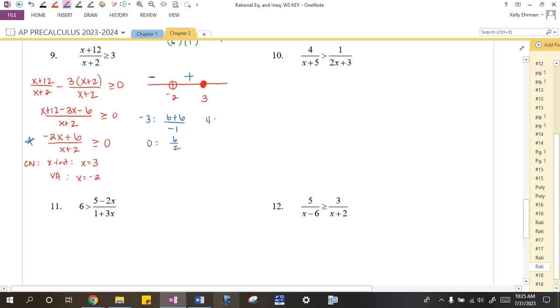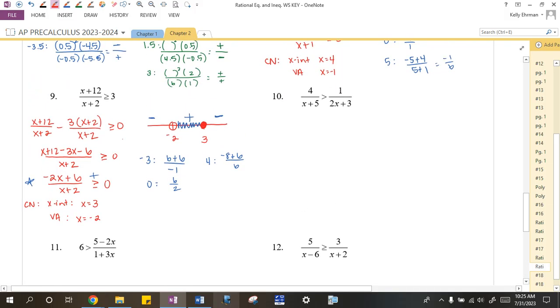And plug in 4, and you get negative 8 plus 6 over 4 plus 2 is 6. That's negative 2 over 6, which is negative. In this problem, we want the greater than or equal to, we want the positive section. So my answer for number 9 is negative 2 to positive 3.